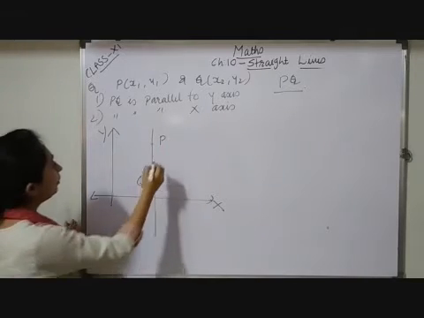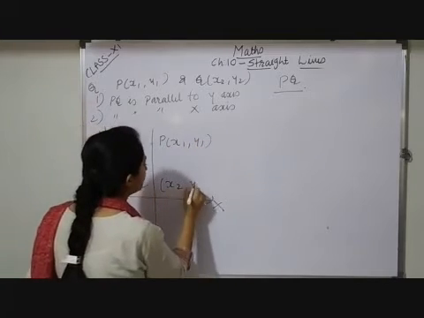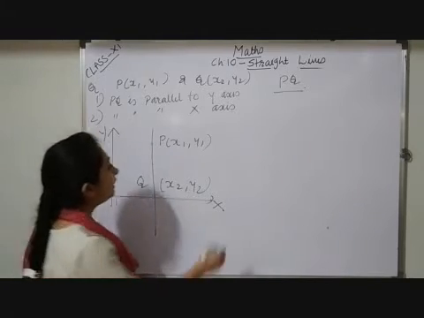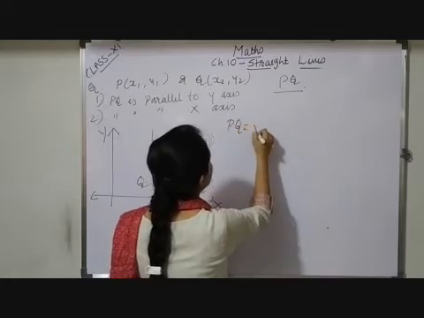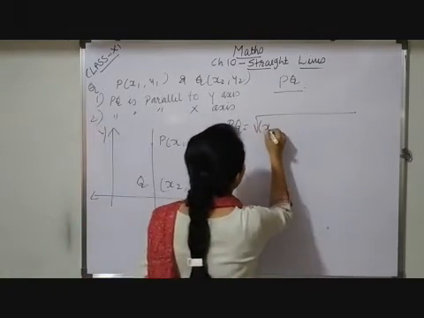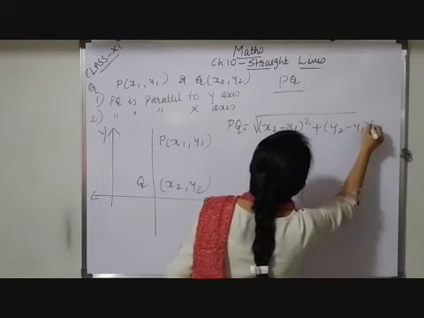Now observe, point P is given as (x1, y1) and point Q as (x2, y2). Now I have to find out this distance PQ. To find out the distance, obviously I have to apply the distance formula, that is under root of (x2 minus x1) square plus (y2 minus y1) square.